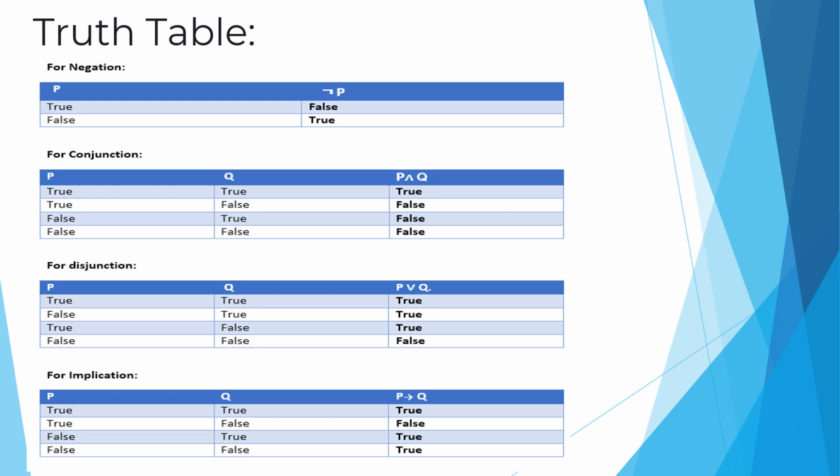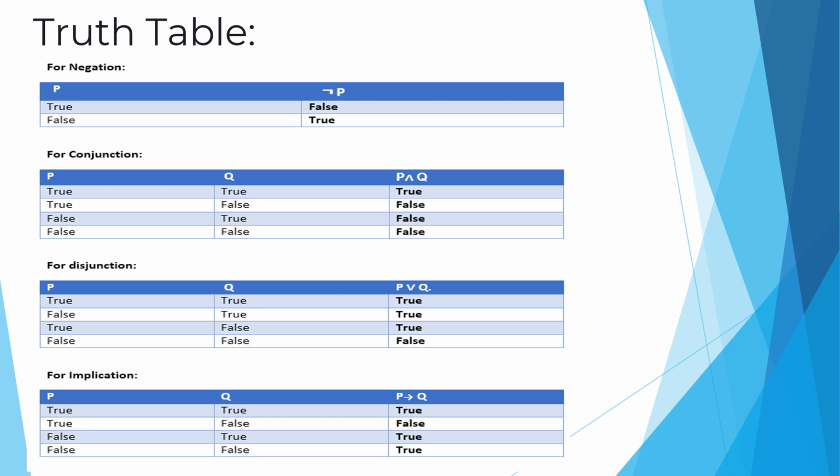And the second one, conjunction. Conjunction will take two statements. The first statement is true and assigned to variable P, and the second statement is true and assigned to variable Q. After applying the conjunction symbol, we get P conjunction Q, which is true.